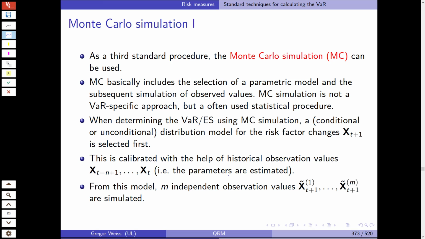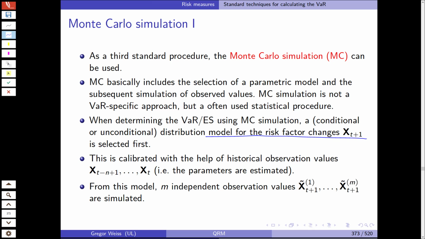The third way of calculating the value at risk is Monte Carlo simulation. It's very similar to historical simulation. The difference is that you now assume different distributions for those risk factors.